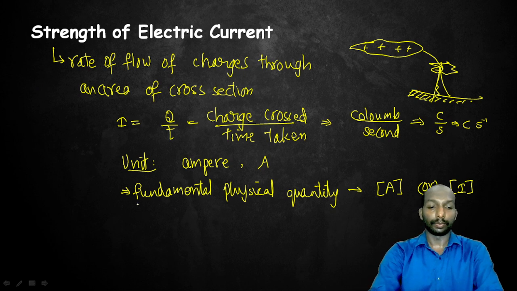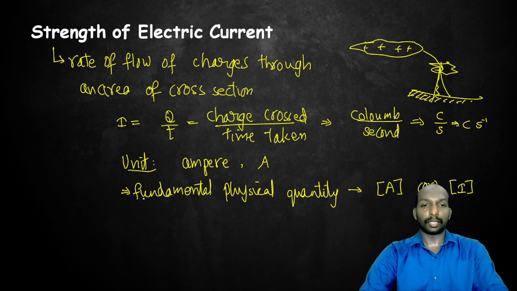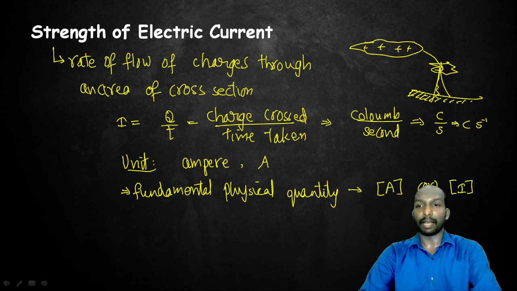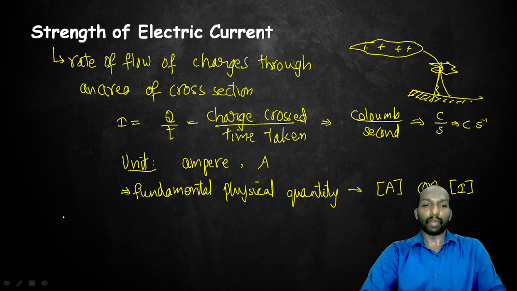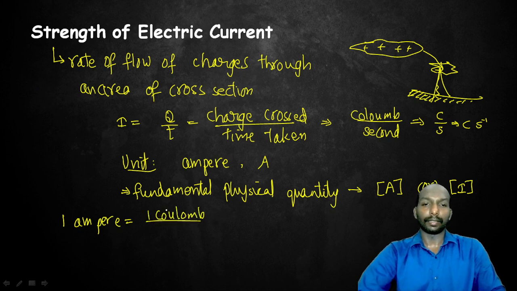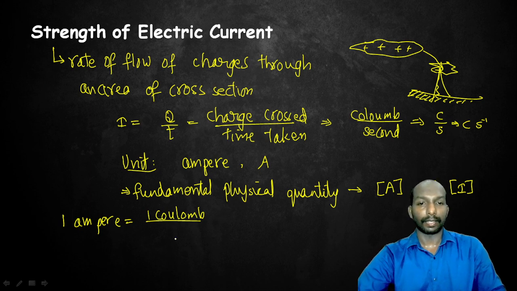Now let us define ampere. 1 ampere, which is the unit for current, is given by 1 coulomb by 1 second.